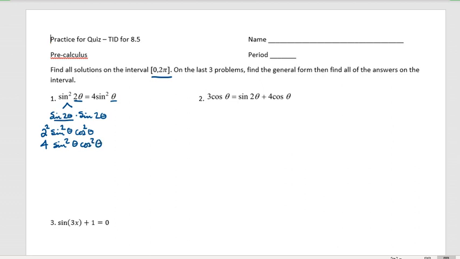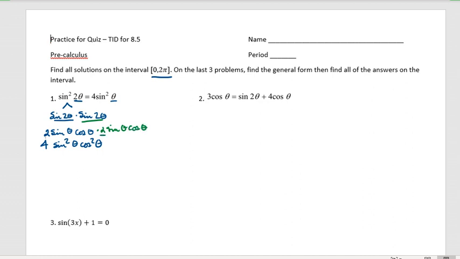You know, it's bugging me that I'm not showing you every step. So I'm going to erase this. I'm going to go back and show it to you. So one of these is 2 sine theta cosine theta. The other one is also times 2 sine theta cosine theta.